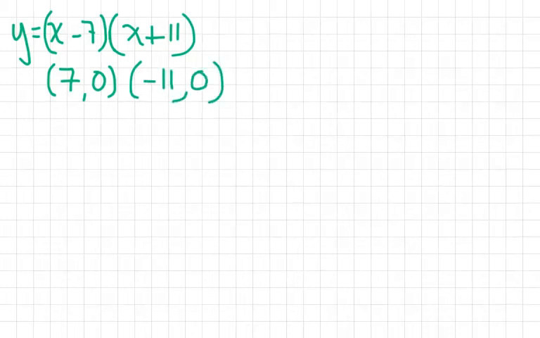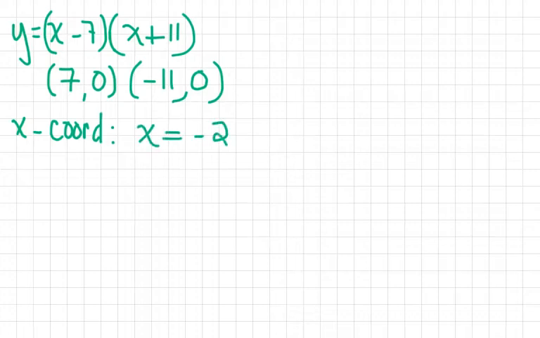If I know that, and I want to figure out the x-coordinate of the vertex, what I'm going to do is find the point that sits right in the middle between 7 and -11. And that value is x is equal to -2.